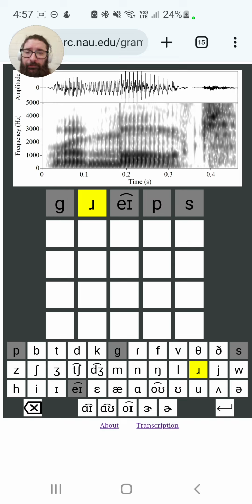The R is in the right place. No, the R is correct but in the wrong place. So that means, well, I don't think it's going to be I, and it's also not an S at the end.